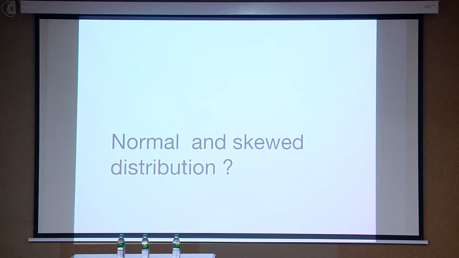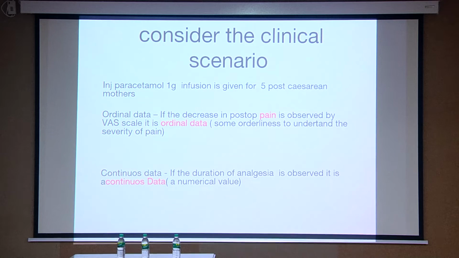Whenever there is ordinal data, we are going to use a non-parametric test. Whenever there is continuous data, we have to see the distribution. When the distribution is normal, we are going to follow the parametric test. When the distribution is free, it doesn't follow the normal pattern, then we are going to follow a non-parametric test.